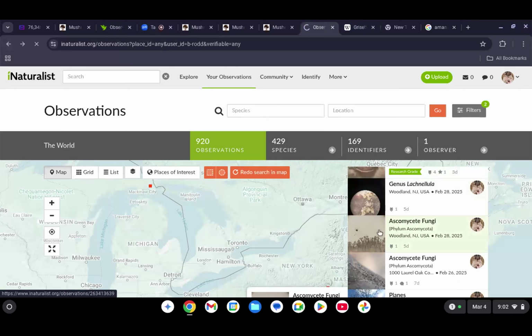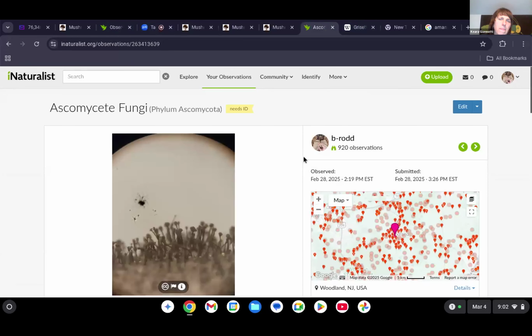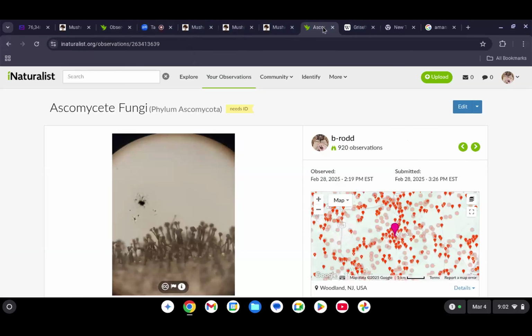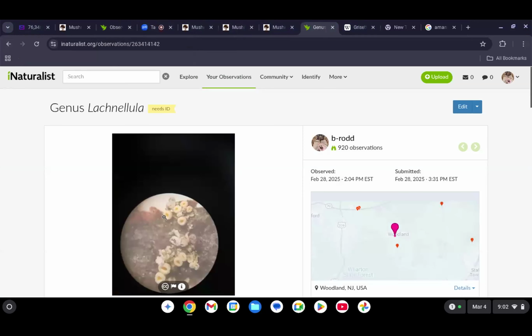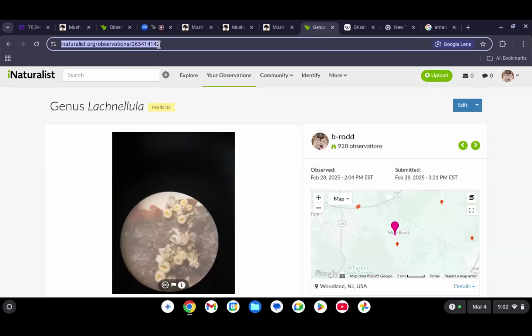Can you share one of your pictures in the chat? One of mine? Yeah, sure. This other thing, I have no idea what it is. You want a picture of this thing? Yeah, that would be great. I guess I can find that on iNaturalist, actually.